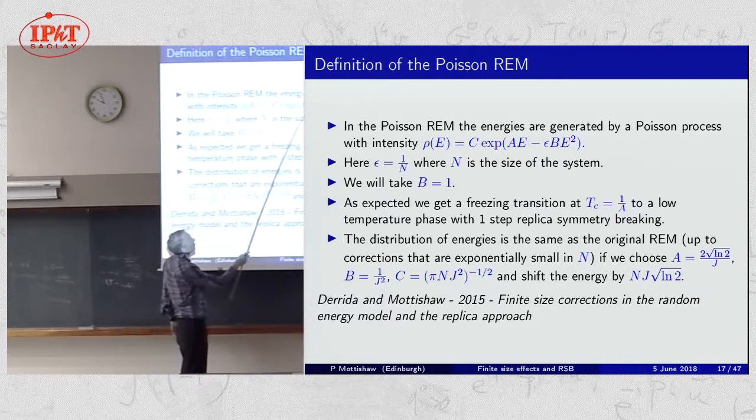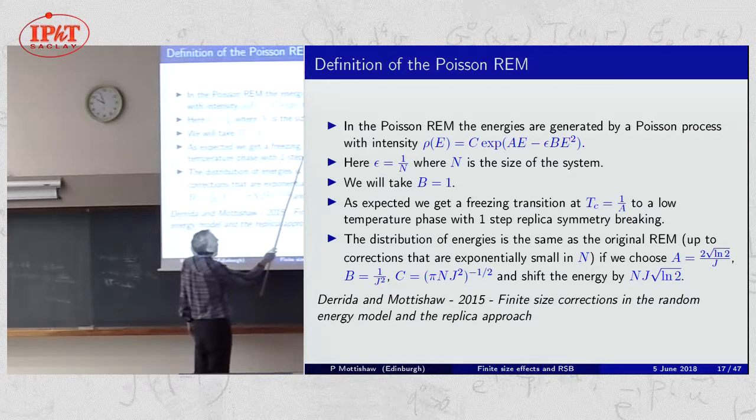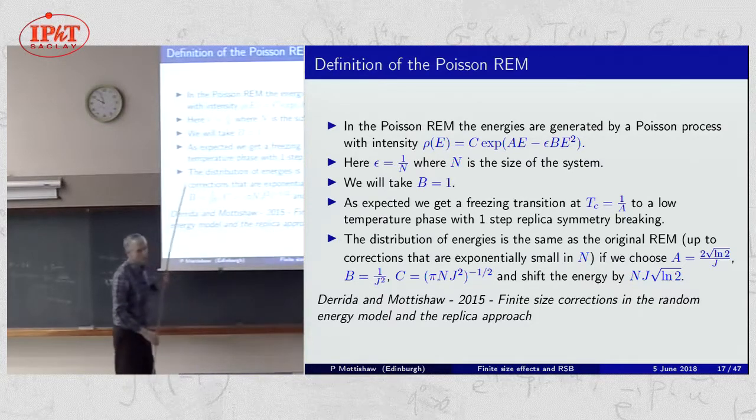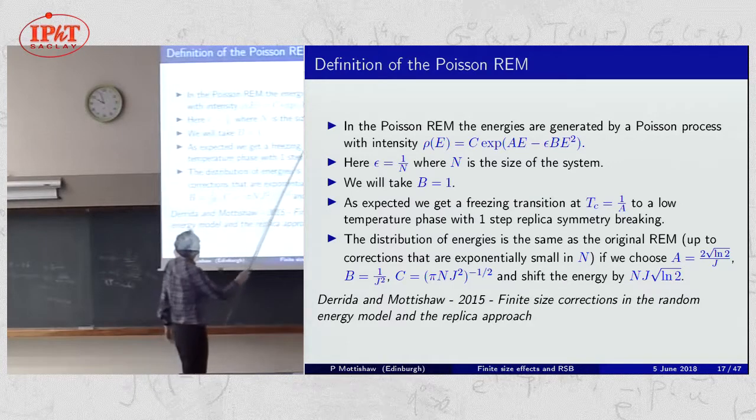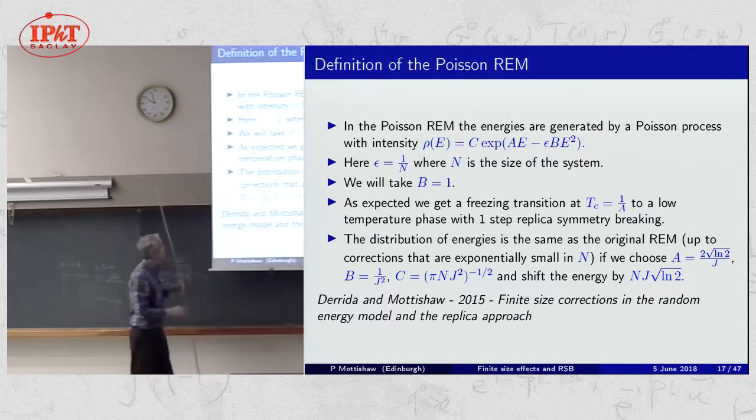And you have an exponential term which is enough to determine the behavior of the low temperature phase. And then a Gaussian term, an epsilon here in all of this will be 1 over the size of the system. So that's your finite size effect. B I'll actually take for 1 in this case, but it comes back later.